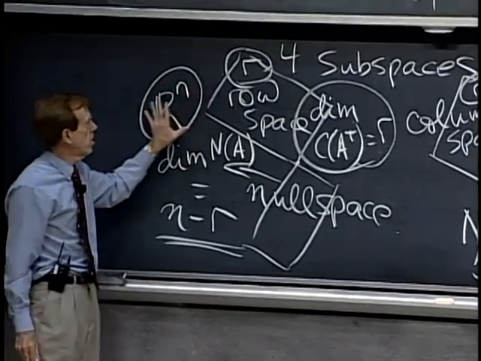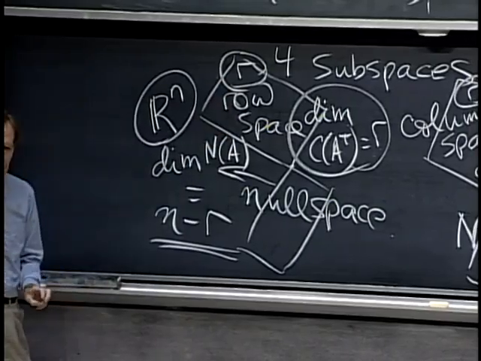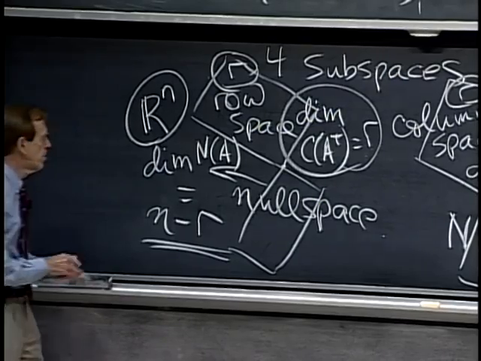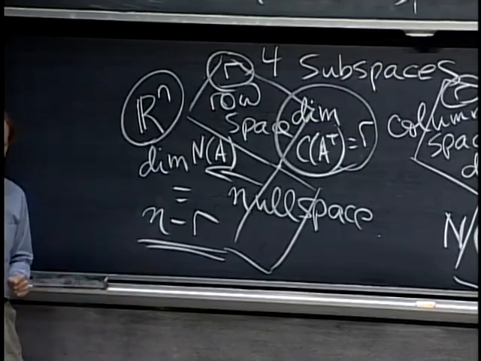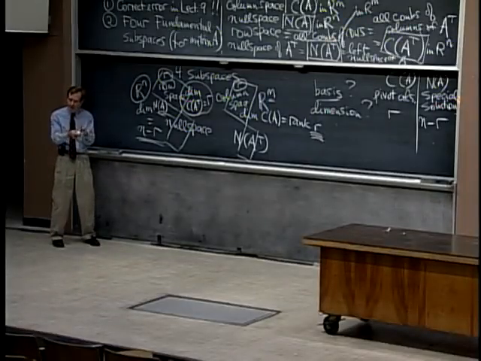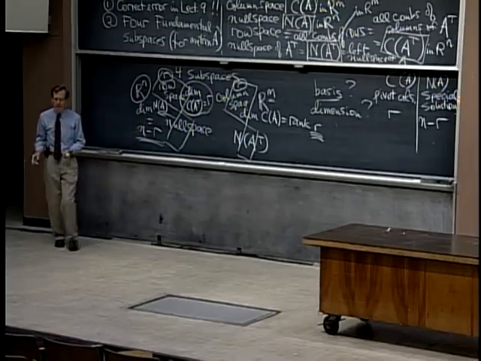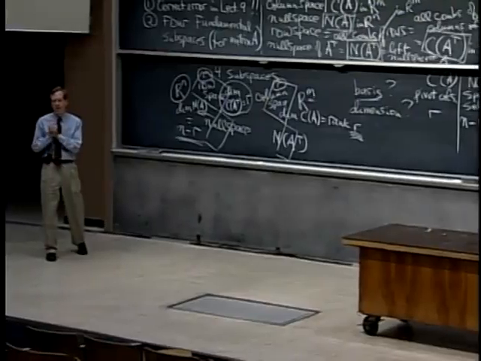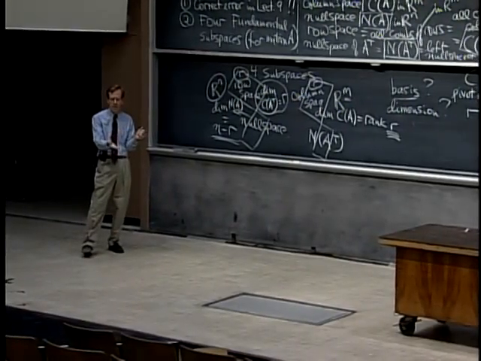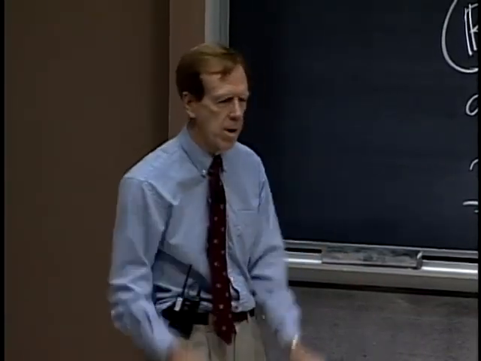In this n-dimensional space, one subspace is r-dimensional, to be proved. That's the row space. The other subspace is n minus r dimensional. That's the null space. And the two dimensions together give n. The sum of r and n minus r is n. And that's just great. It's really copying the fact that we have n variables. r of them are pivot variables, and n minus r are free variables, and n altogether.